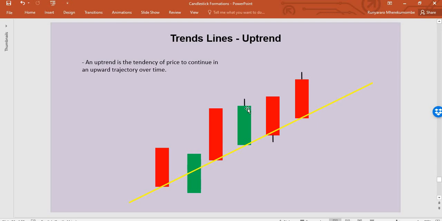Now, as you have noticed, I've ignored the green candles, because when you are drawing a trend line for an uptrend, you are looking at the low prices. Only consider the low priced candles. These candles show me the opening price is here, but the high price is there. So the green candles would fall outside of what I'm considering when coming up with my trend line.